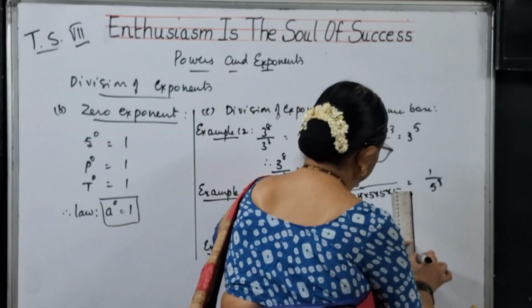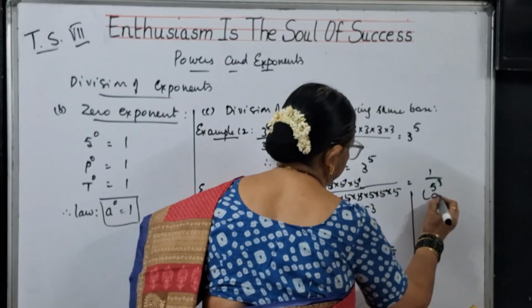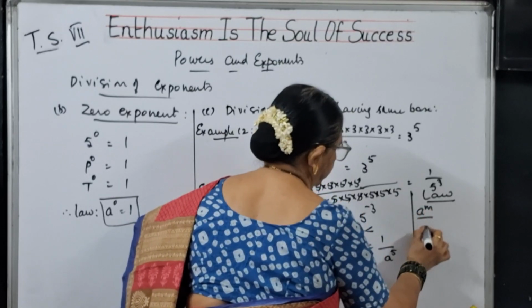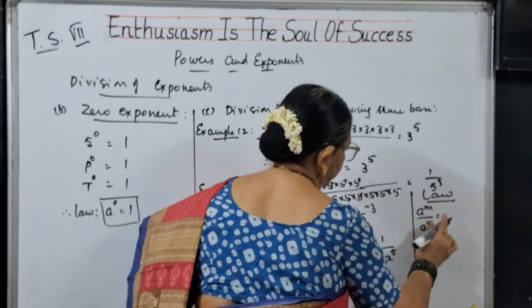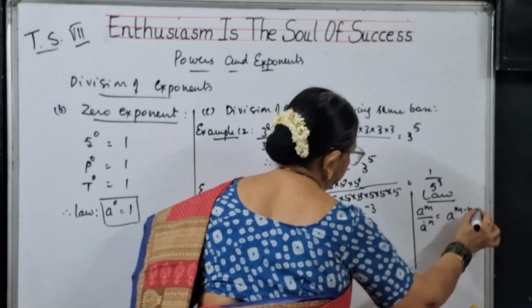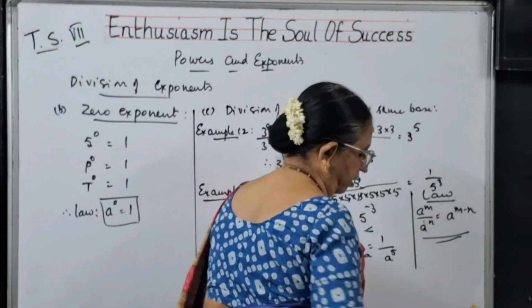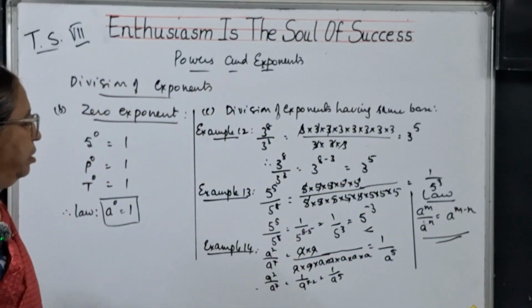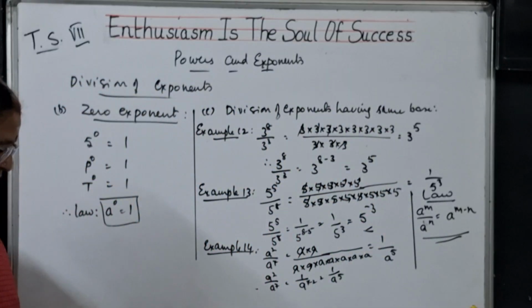What is the law that we are getting? I am writing here. a to the power of m by a to the power of n is equal to a to the power of m minus n. This is the law which we have got basing on this problem, children. Please note it down.